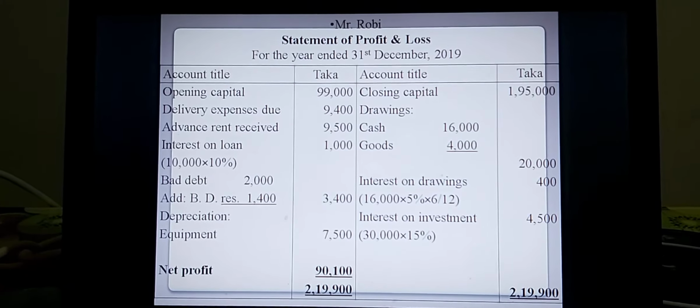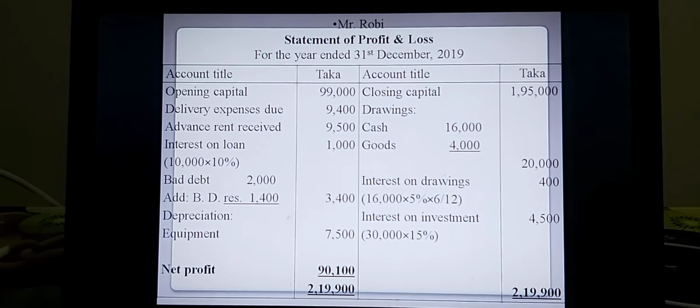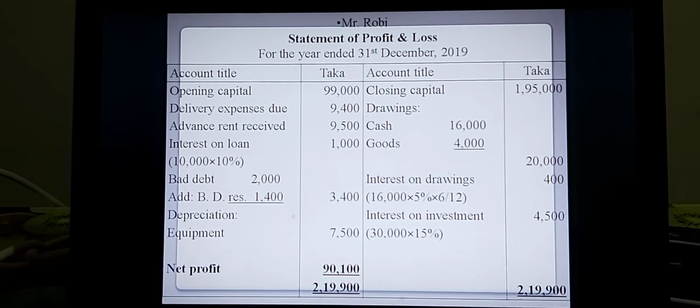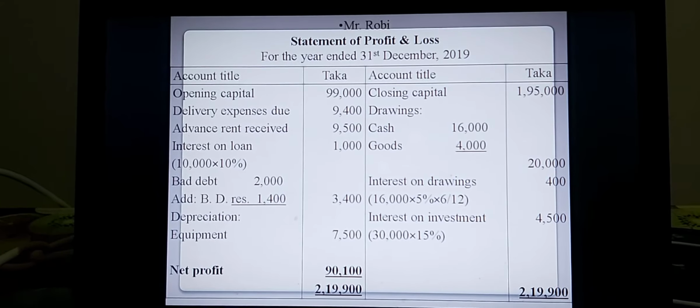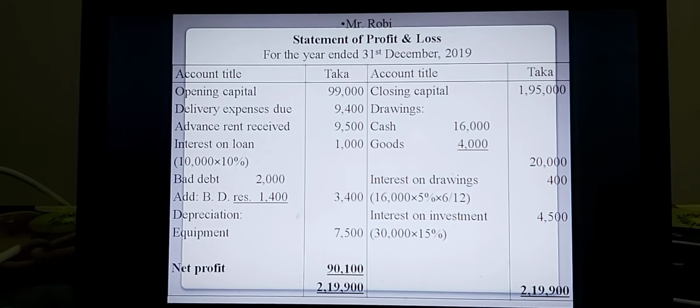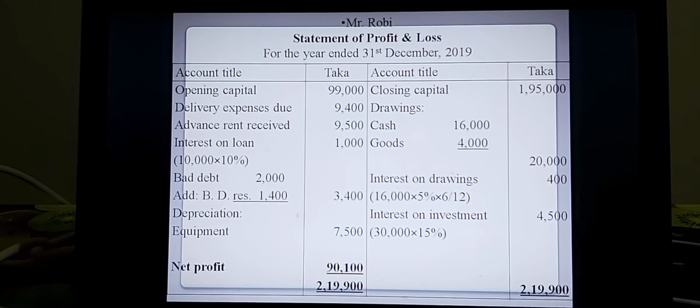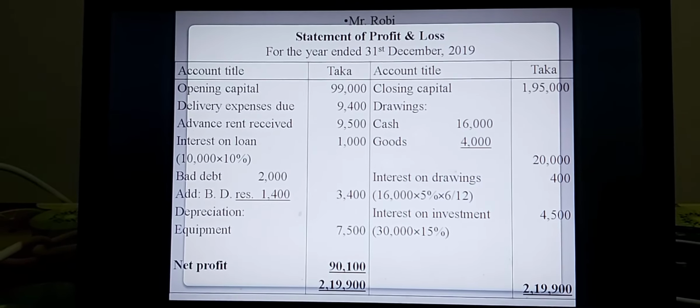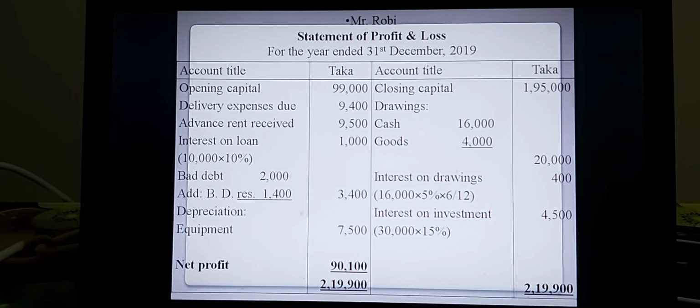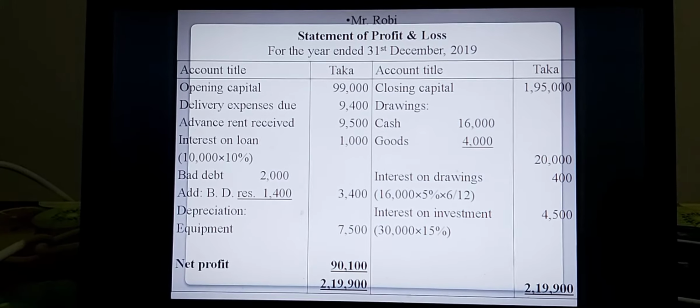Depreciation on equipment, that is fixed asset, only taka 7,500 is given in other information. At this moment, the right side of the profit and loss statement totals taka 2,19,900.